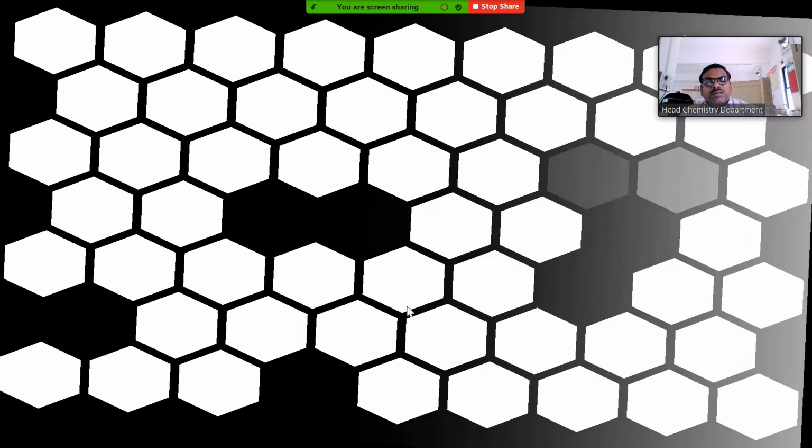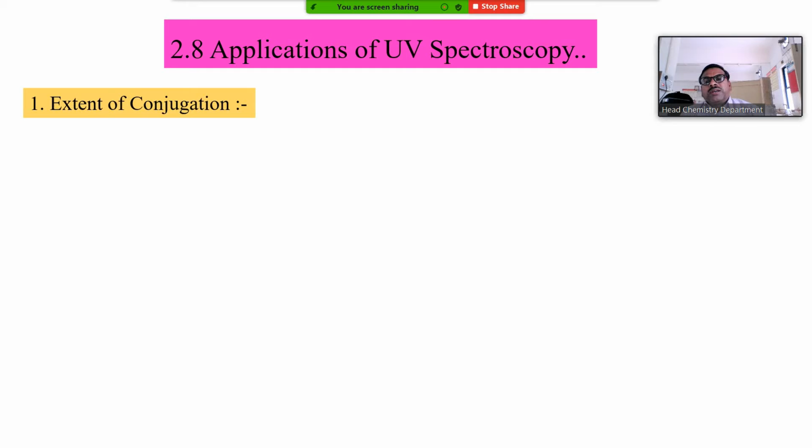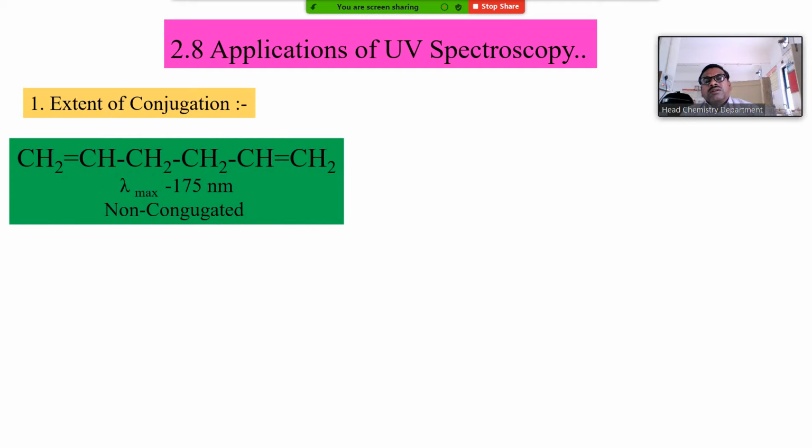What is the first application? It is the determination of extended conjugation, or the content of extended conjugation. In the first example, there are six carbon atoms and two double bonds are involved.